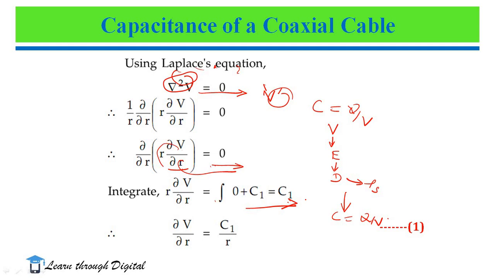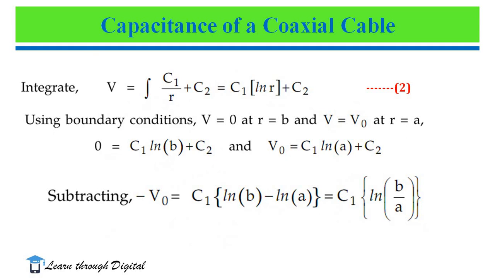Now we are going to obtain V by taking integration again. So V is equal to integral of C1 by r plus C2, which is equal to C1 ln r plus C2. In equation 2, there are two unknown arbitrary constants, C1 and C2.